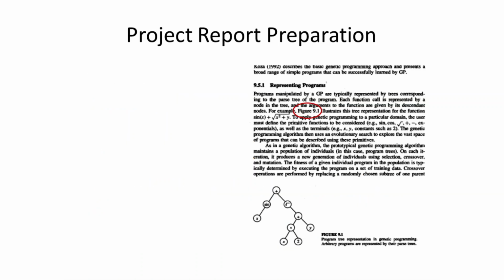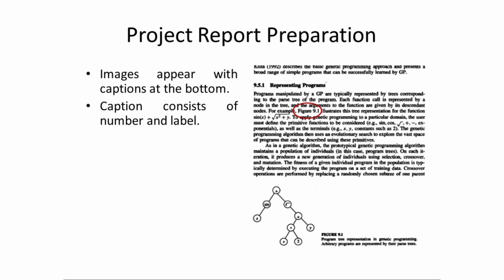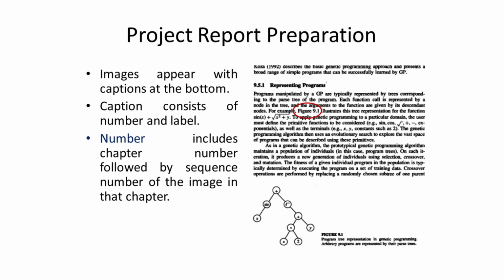And similarly, when it comes to figures and tables, figures will have captions at the bottom, and then normally a cross reference appears while the figure is being explained in the body text. For example, figure 9.1 illustrates blah blah blah.